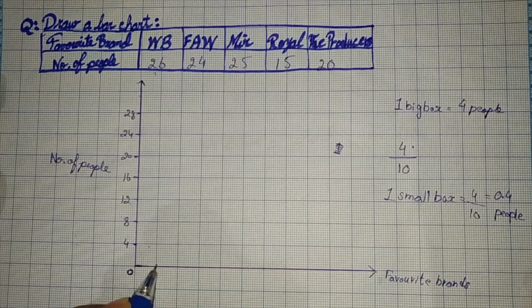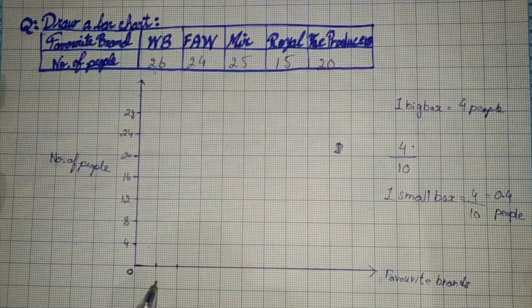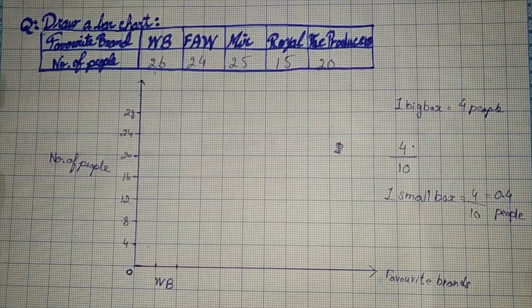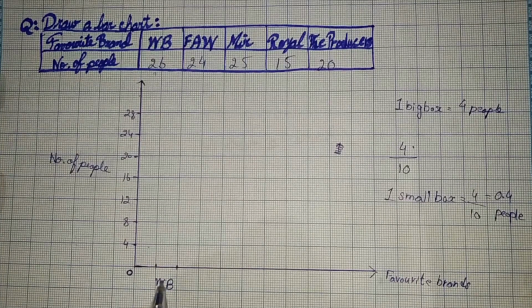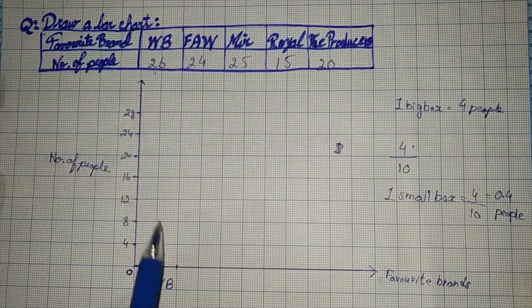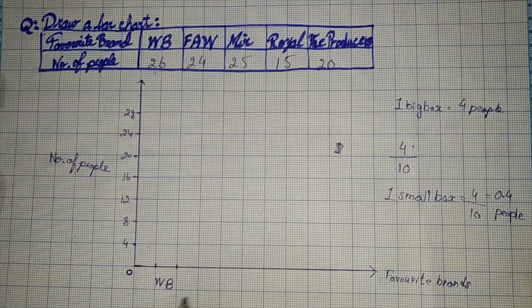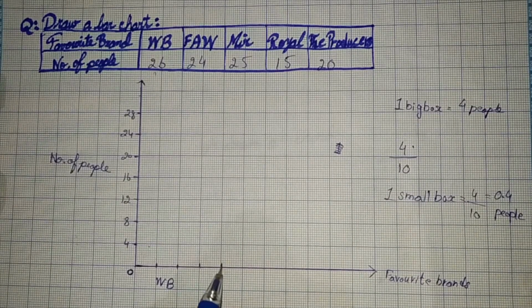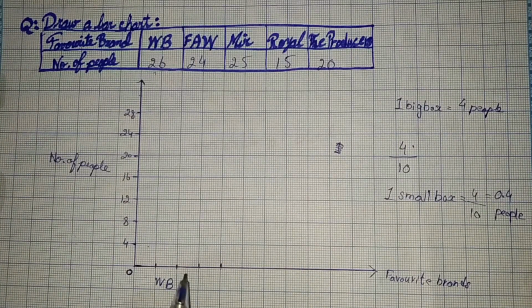So if I use this horizontal box as the bar of WB, it means that this bar shows us the WB company. Now I am going to draw a bar, but before that we have to adjust the gaps between two bars.